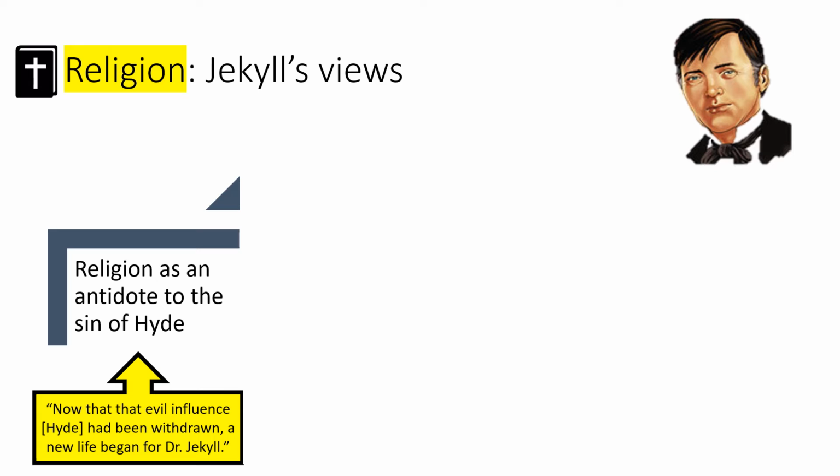He decides almost to turn over a new leaf. He decides that he's going to stop being so hideously evil as Hyde, and this comes off the back of his involvement in the Danvers Carew murder. Well, he murders him. He decides to turn over a new leaf. I'm not going to have anything more to do with Hyde anymore, and he begs Utterson to believe him.